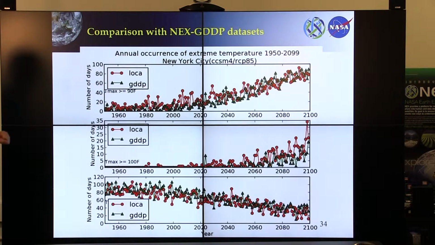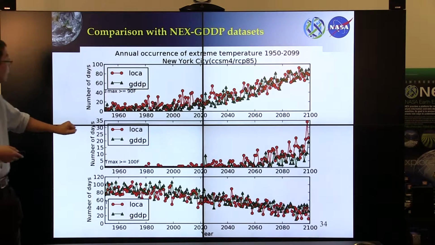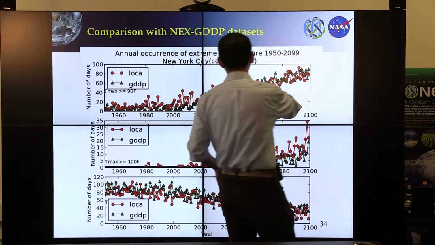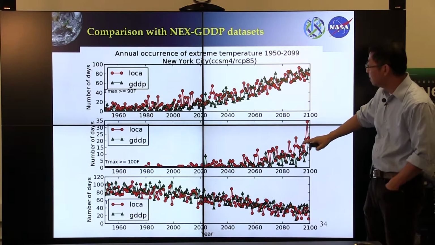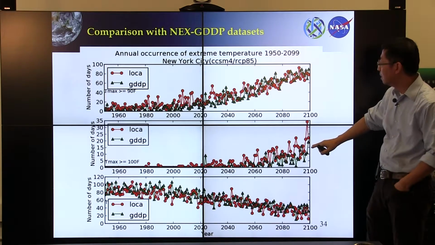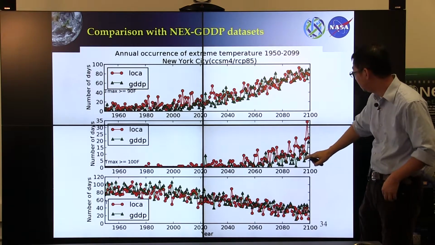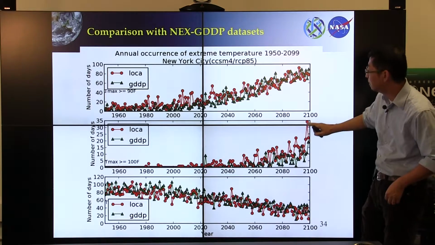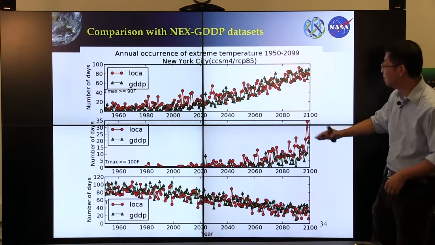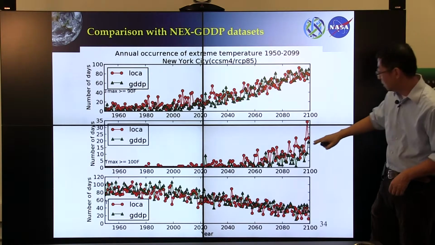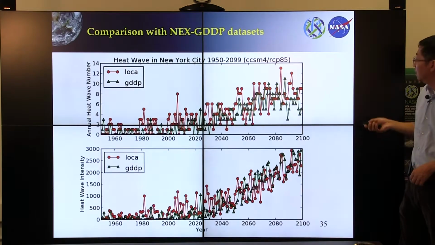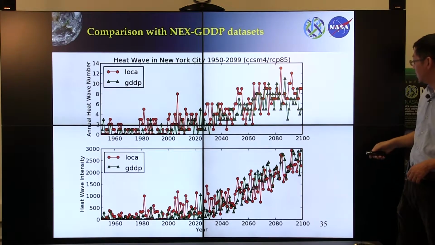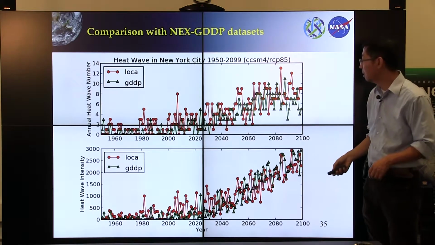And this is the extreme temperature days. As I said, the days above 90 degrees are pretty much the same. In terms of days above 100 degrees, GDDP is a little bit lower, so LOCA appears to be a little bit more extreme. Minimum temperature is pretty much the same thing. There's a heat wave, very similar results.